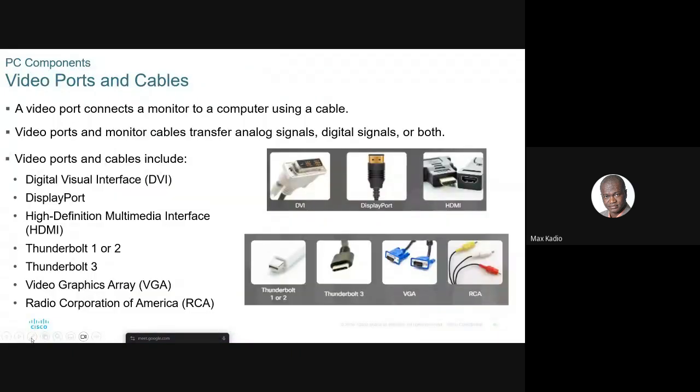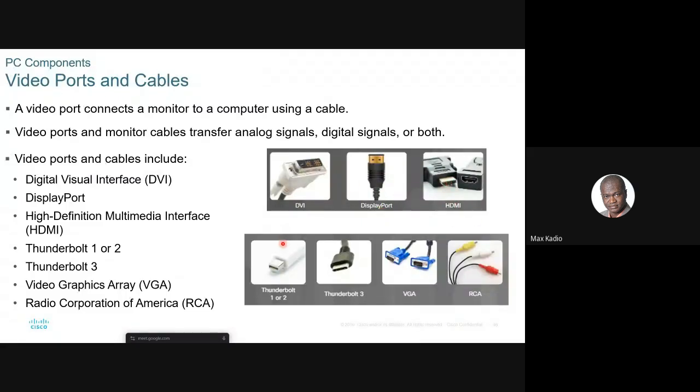Now, when it comes to cabling, when you need to connect your monitor to your PC, it depends on the port you have. According to the port you have, then you can use the cable. So we have DVI port and DVI cable. We have display port and display cable. HDMI port.